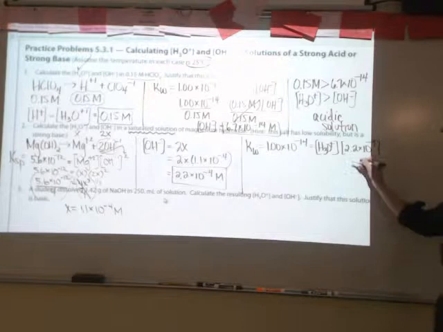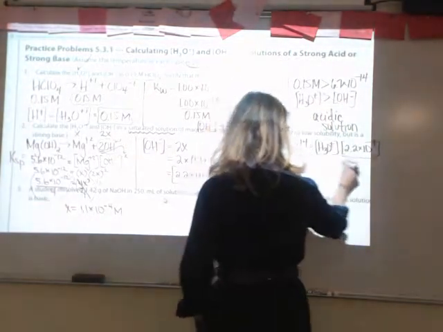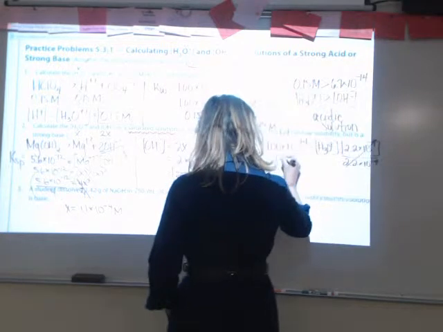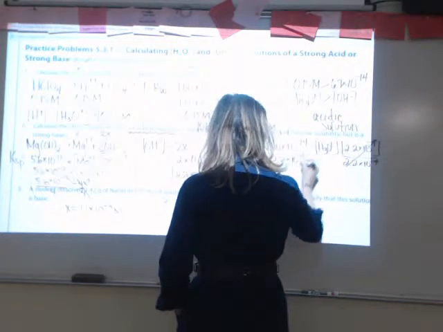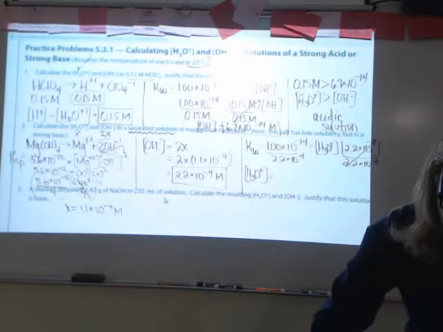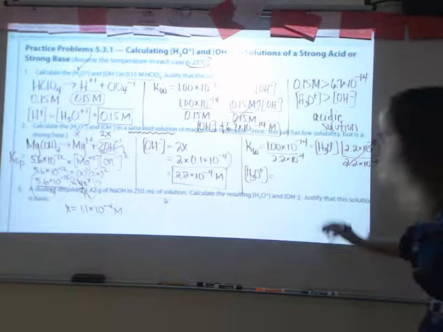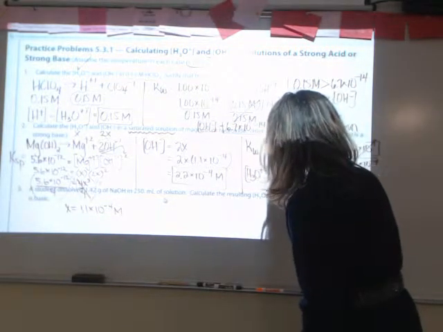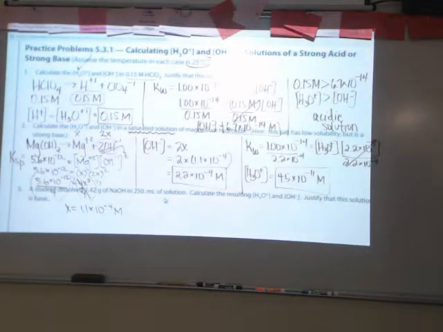Divide both sides by 2.2 times 10 to the negative 4th. And you're going to get a hydronium ion concentration of 4.5 times 10 to the negative 11. And you're done. Okay? Different application of KSP.